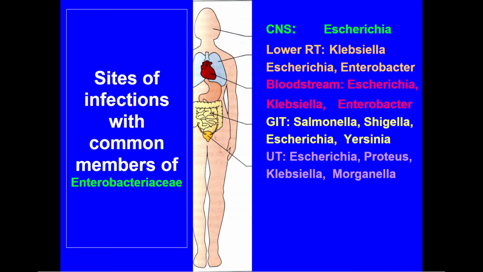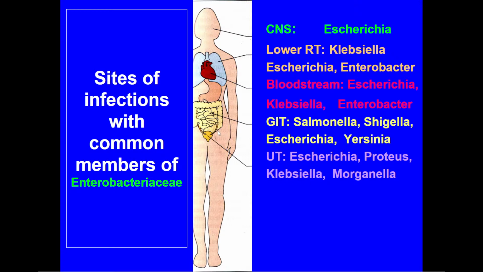So then, the members of this family may cause infections located almost everywhere in the body. And if you take a look at this picture, if you take Escherichia, it may cause infections, for example, brain abscesses, if it enters the bloodstream.